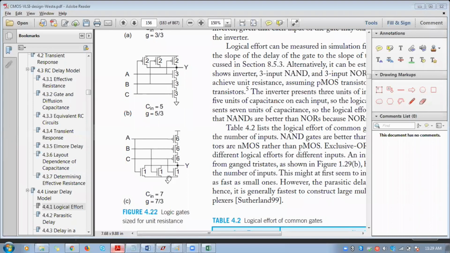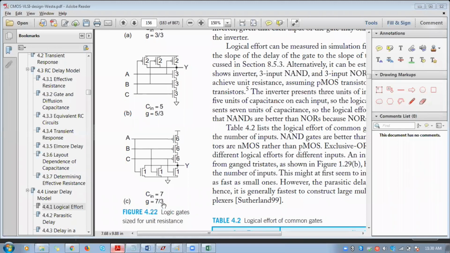If you go for 4 input, it will become 8 by 3, that is 4 into 2, like that, 8 by 3, plus 1 gives 9 by 3. Then if you go for 5 input, it will become 10 plus 1, 11 by 3. If you go for 6 input, it will become 12 plus 1, 13 by 3.